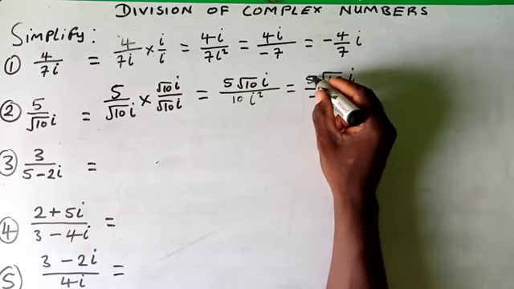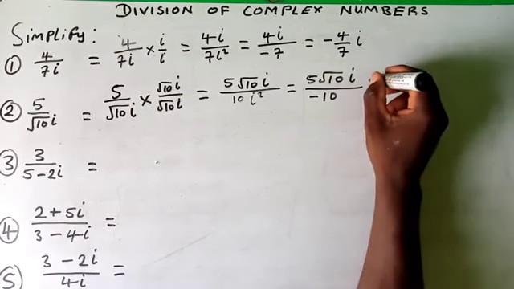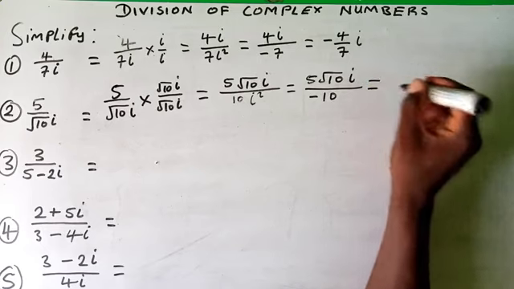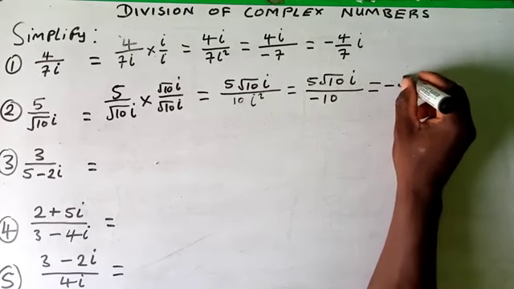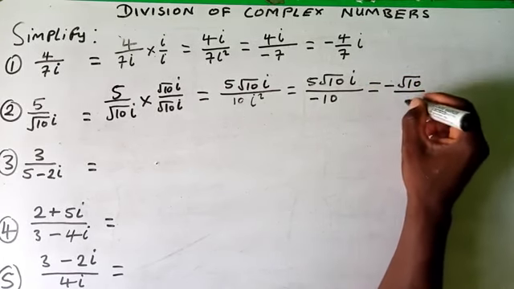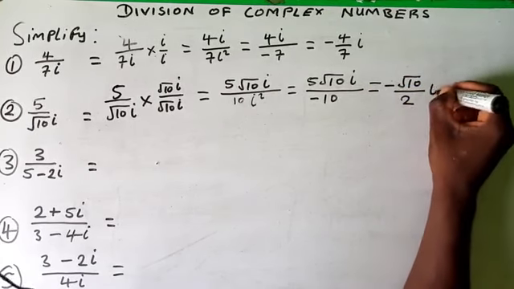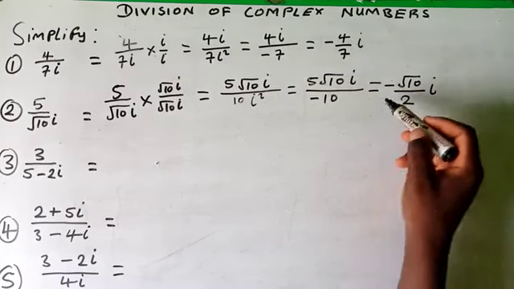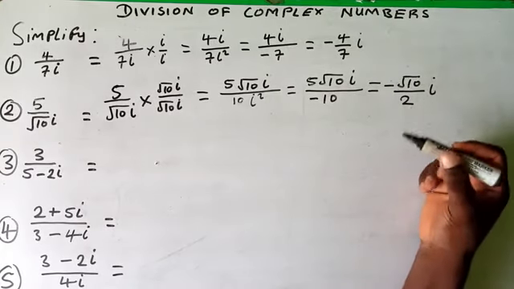Now if we reduce this to its lowest term, we have this to be equal to minus root 10 all over 2i. The real part is 0 also.